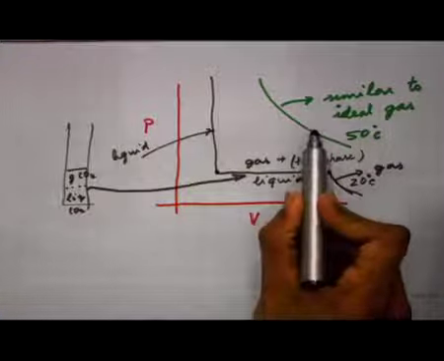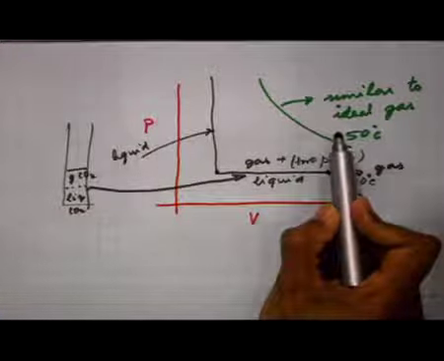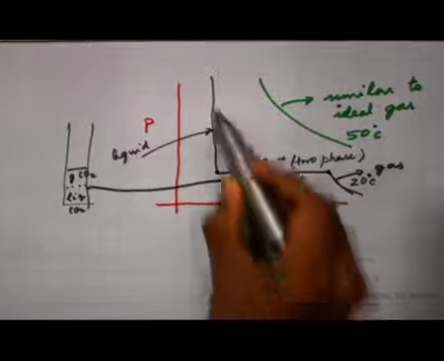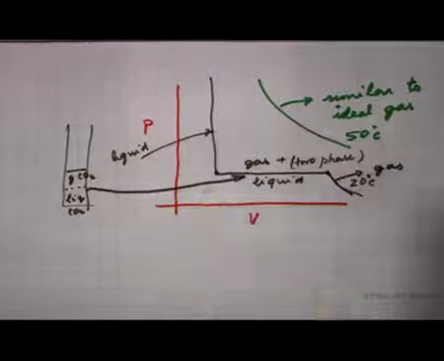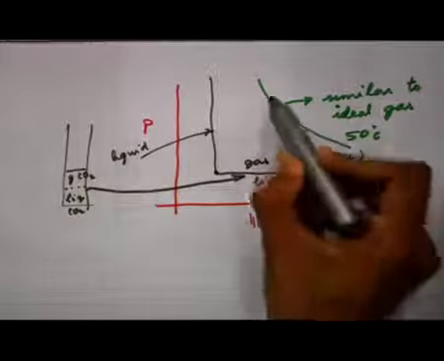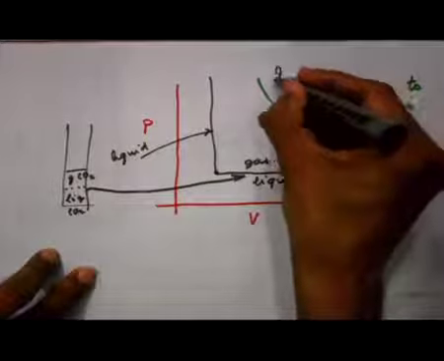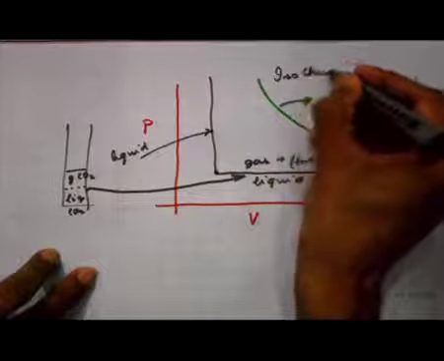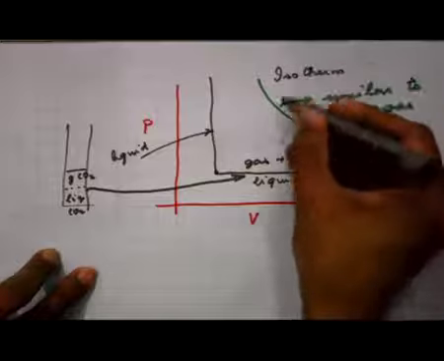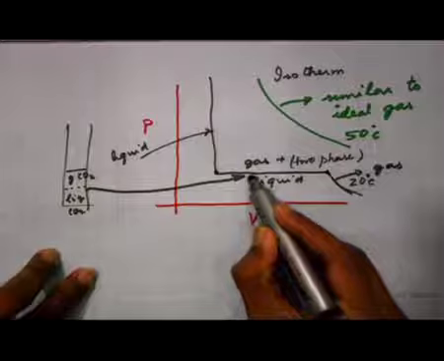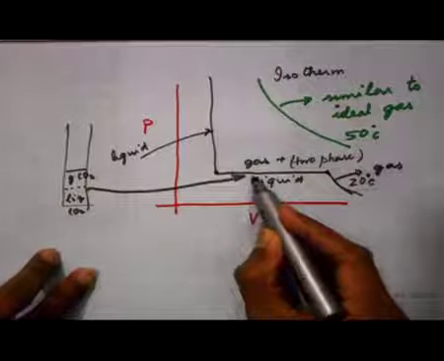Notice that at a temperature of 50 degrees centigrade, you do not have this two-phase equilibrium, nor the liquid line here, only gas. Each of these lines is called an isotherm. This is the isotherm at 50 degrees Celsius, and this is the isotherm at 20 degrees Celsius.